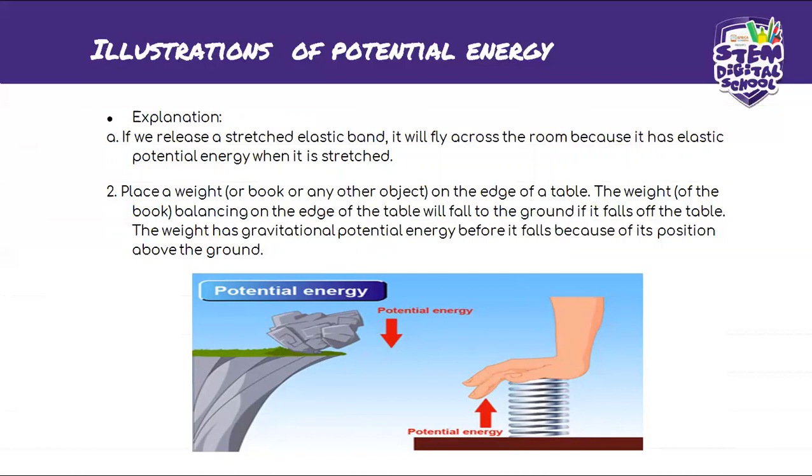If that object is lying on the ground, it will not fall, meaning it is having what? No potential energy. So even where you are seated, if you are sitting on a chair or a sofa and you are listening to this, you are having potential energy. But immediately you get up from wherever you are to pick something, you are now transforming your initial energy, which was potential energy, to kinetic energy. That is to wherever you are going.